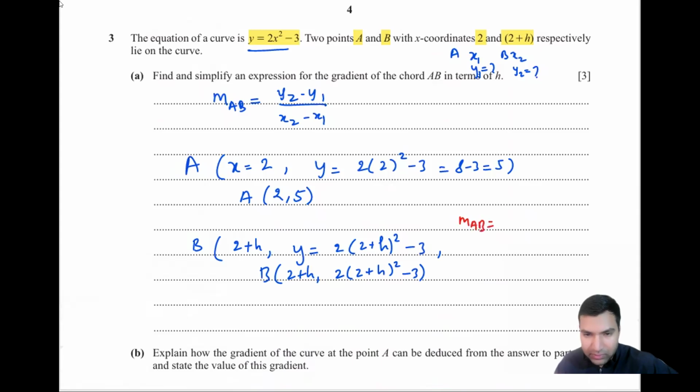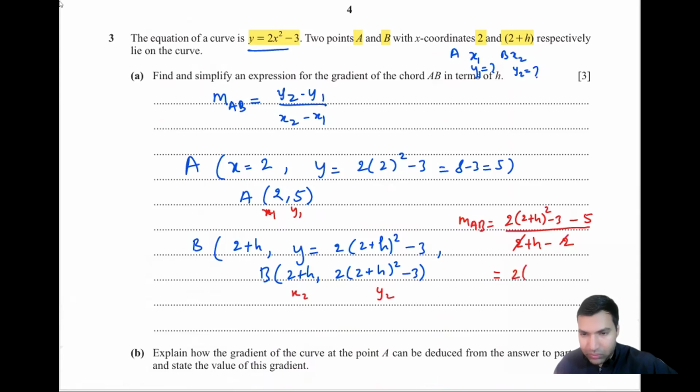M of AB: let's say this is y2, this is x2, this is x1, and this is y1. So what is the gradient formula? y2 minus y1, which is 5, over x2 minus x1. So 2 times (2 plus h) whole squared minus 3 minus 5, over 2 plus h minus 2. So 2 and 2 cancel out.